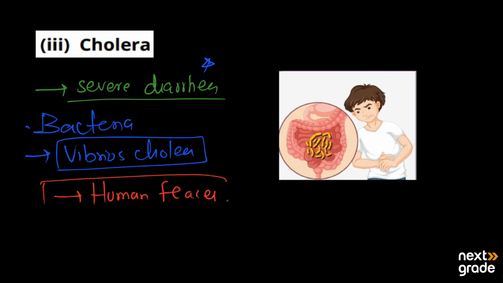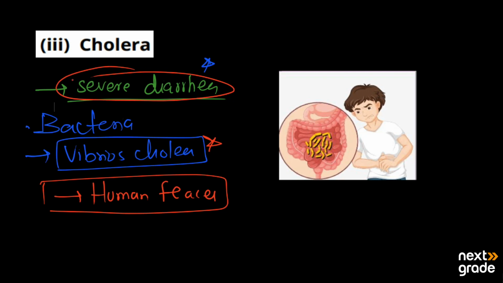So when human feces are present in the water, it contains the bacteria Vibrio cholerae, and it causes severe diarrhea. It is basically an acute infection, just because of the polluted water. So this bacteria may settle into the intestine and cause uncontrolled diarrhea in human beings.